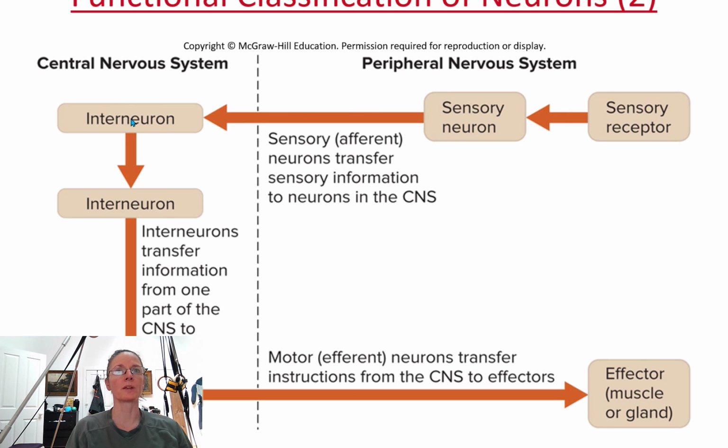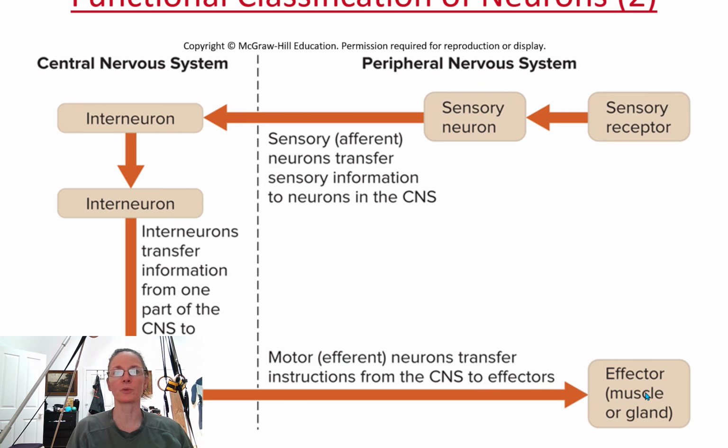We could have several interneurons in a relay up to the brain or some other part of the spinal cord that's going to process that information. And then that interneuron will stimulate a motor neuron, which will leave or exit the central nervous system, and it is a motor efferent, and it will innervate an effector.